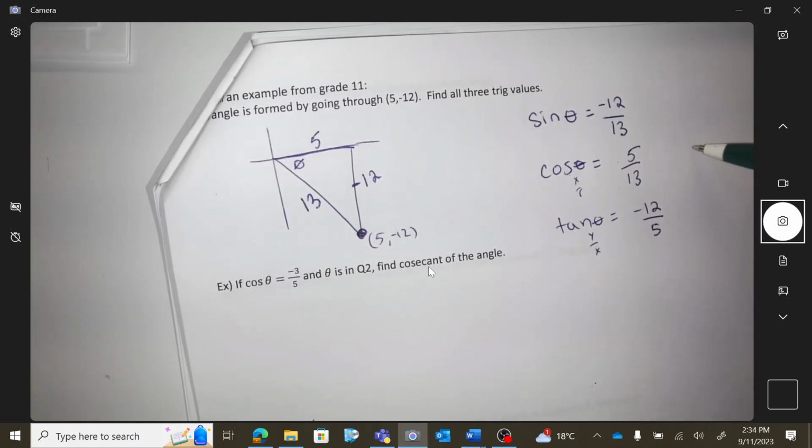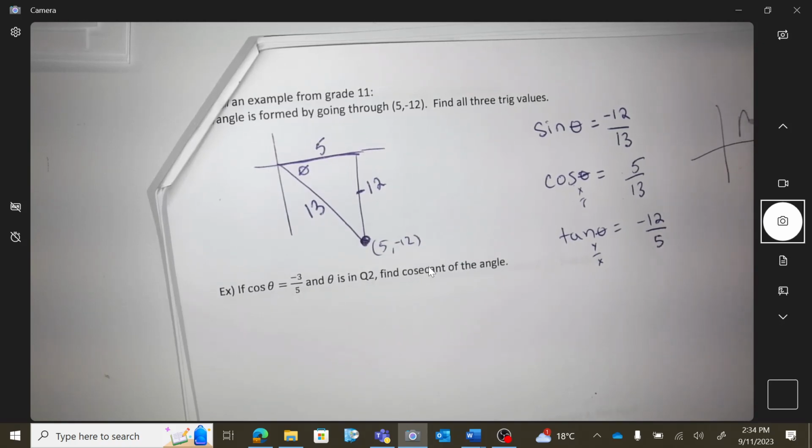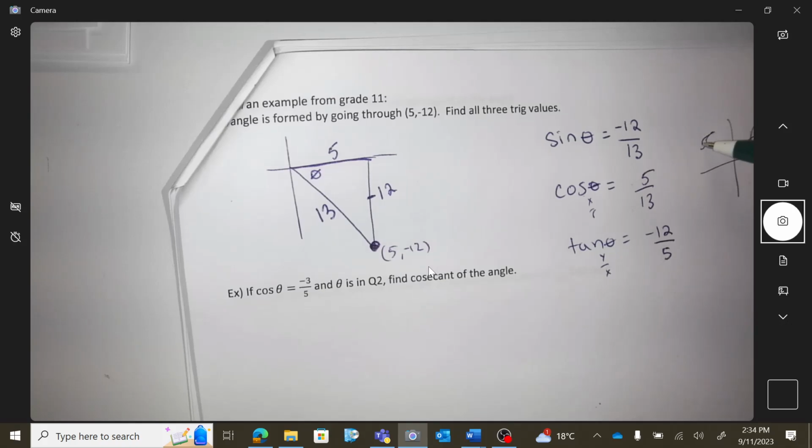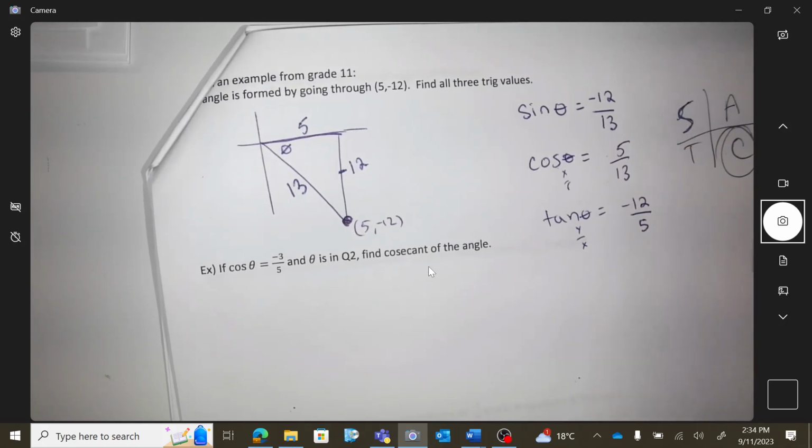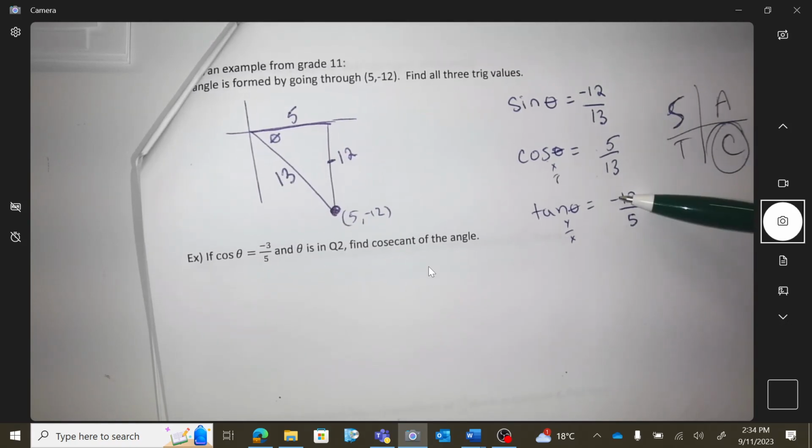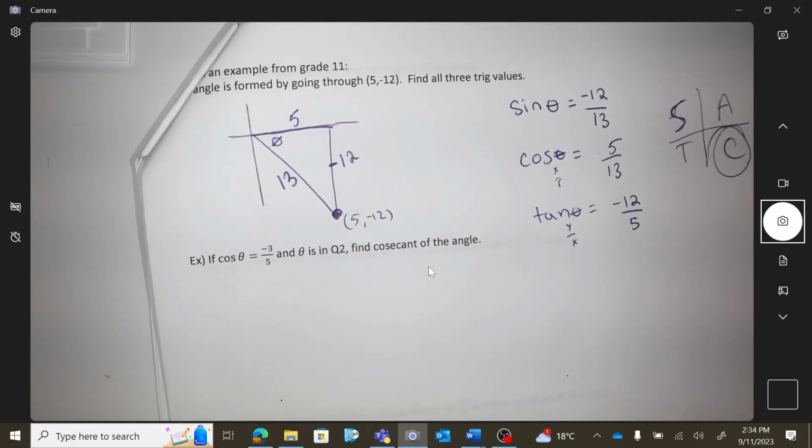Do you remember ASTC? You do. So if I'm in this quadrant, what do I know about my trig values? If I'm in the C quadrant, what do you know about your trig values? Cosine is positive, and the others should be negative trig values, and that is true.